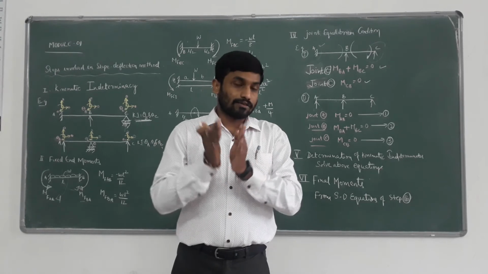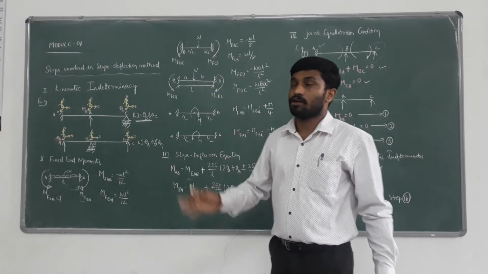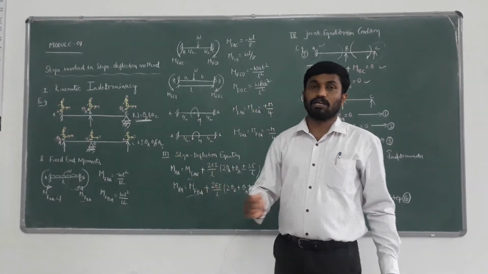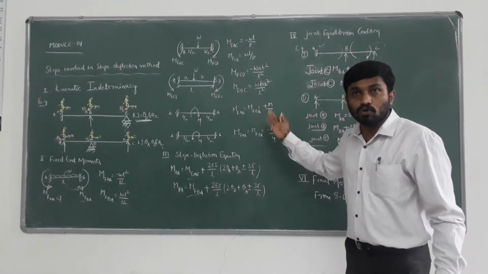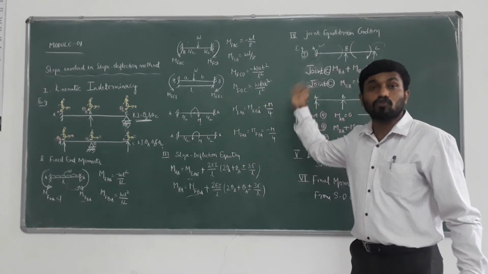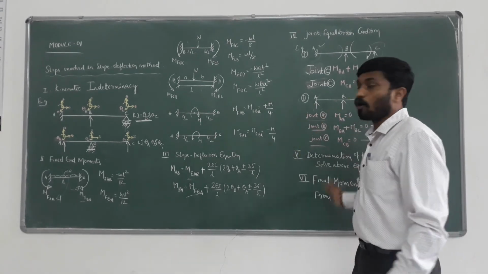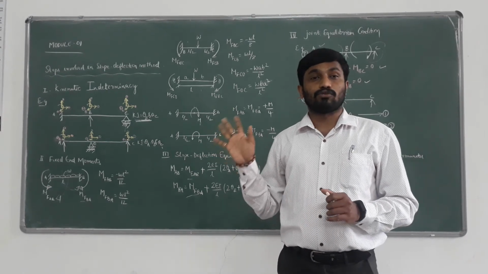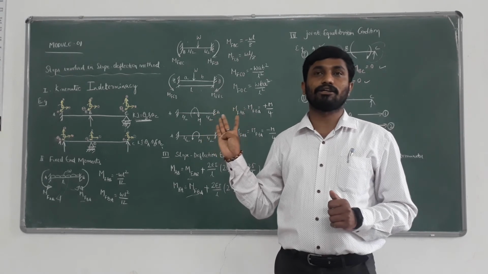As of now you have to be practiced with what is meant by kinematic indeterminates, what is meant by fixed end moments, how the slope deflection equations are formed, how to apply joint equilibrium conditions, how to solve them using simultaneous equations, and finally how to compute final moments. So we basically have 5 to 6 steps. The first step is determination of kinematic indeterminates.